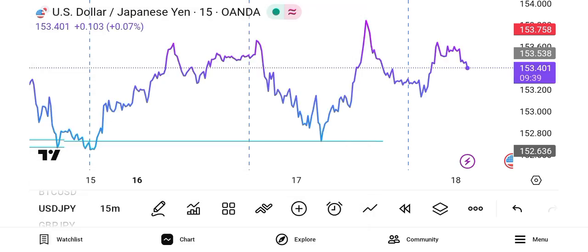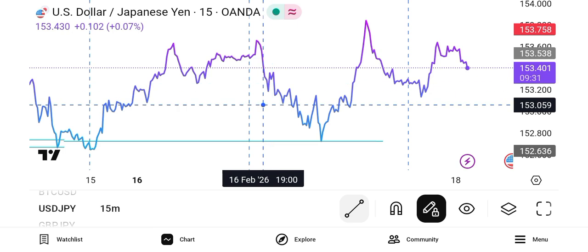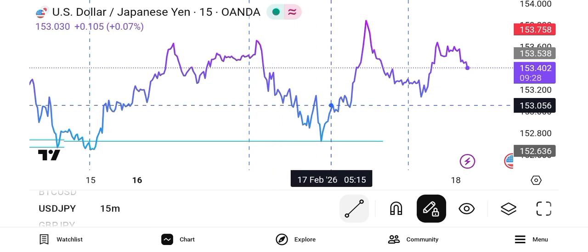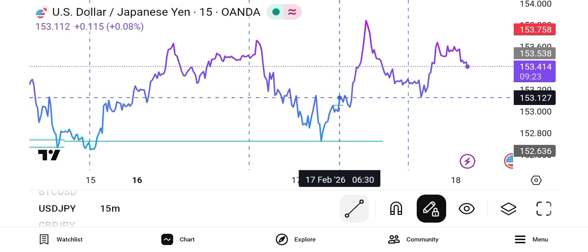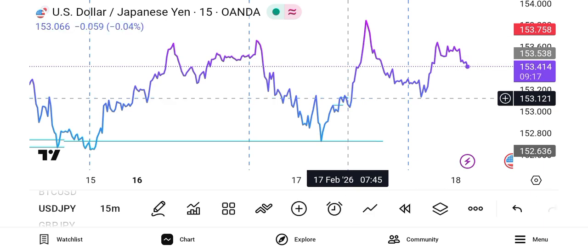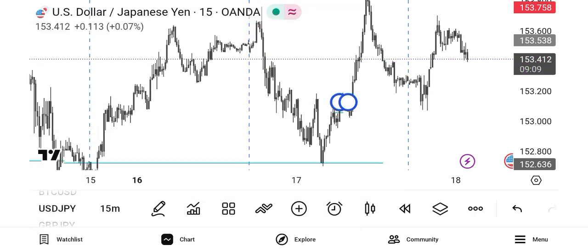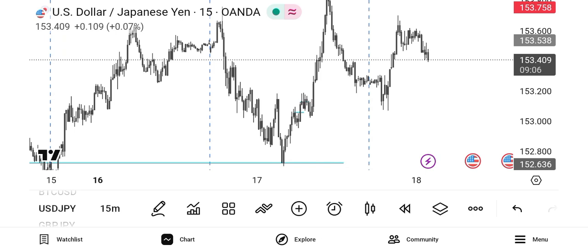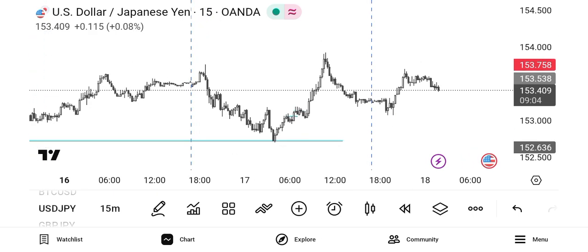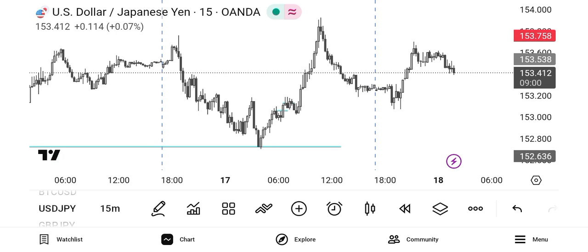So first break of structure was here. The second one was above here. It's not clear if you use the candlesticks, but in our case we use the line chart.